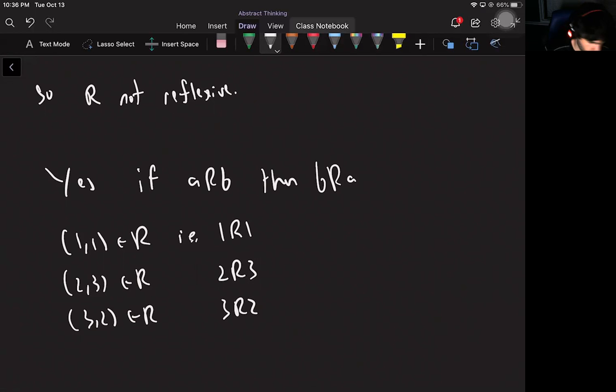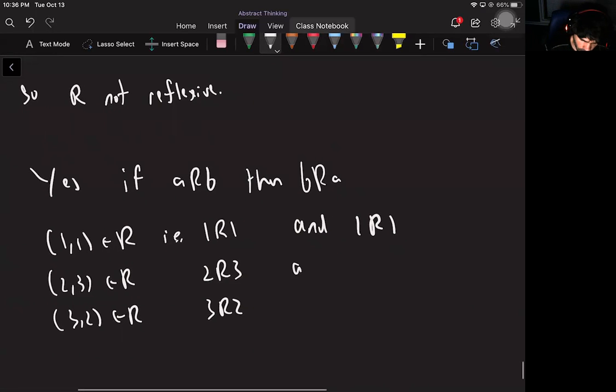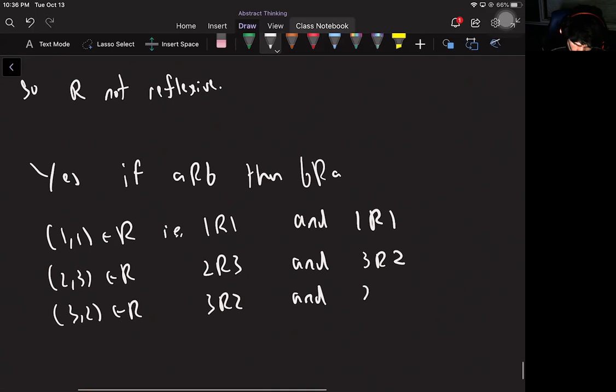Yes, in the first case, because 1 comma 1 is the reflection of itself, so that conclusion follows. If I start with 2 comma 3, is 3 comma 2 in there? Yes, 3 is related to 2. And if I start with 3 comma 2, is 2 comma 3 in there?